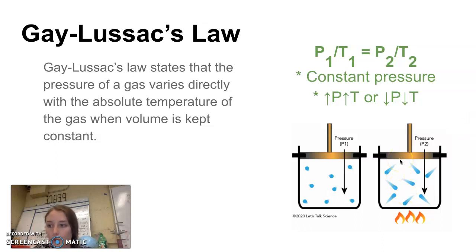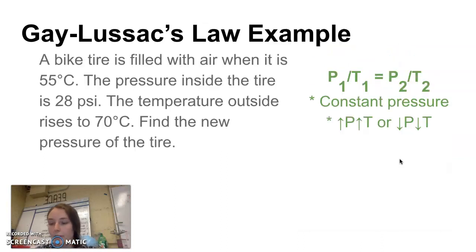Maybe you've noticed this if you have a water bottle that closes, like the water bottle I have right here. If this goes out into the sun sometimes, the pressure will build up in the water bottle, and I'll feel that when the temperature has increased. So looking at an example, bike tires are a great example. So you have your bike in the winter, the air pressure in the tire is 28 psi.